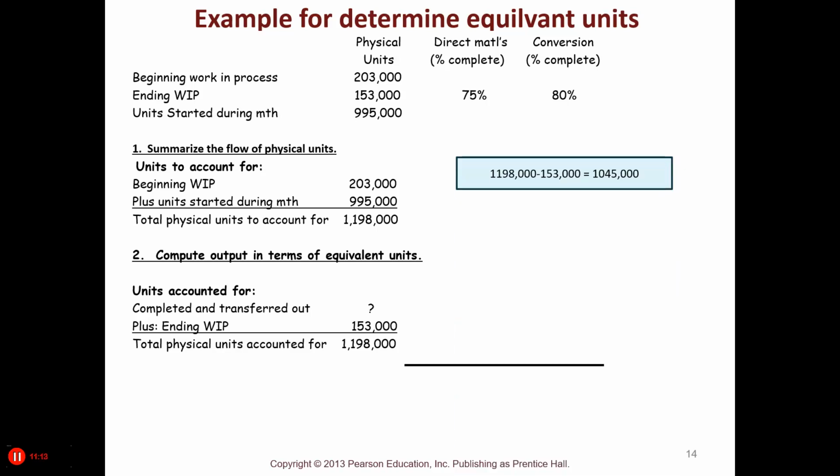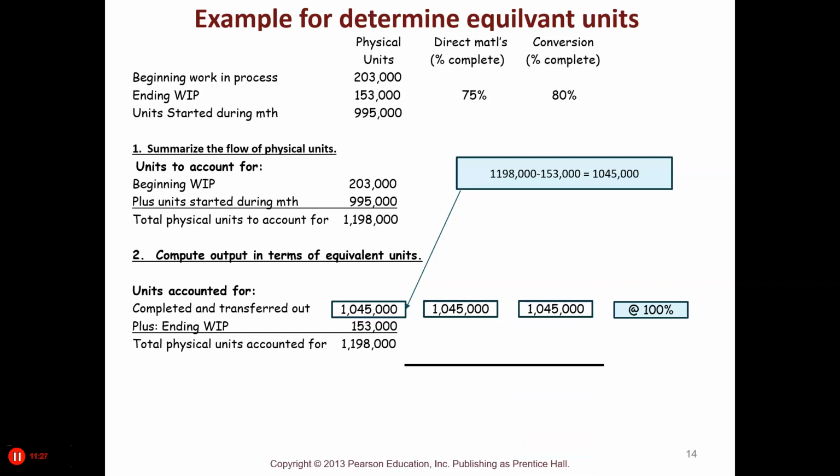So we're going to subtract those, and that tells us how many were completed and transferred out. Now, completed and transferred out is always going to have 100% of the direct materials and the conversion. It's the ending WIP that's always going to be portioned, depending on when the materials were added, particularly.